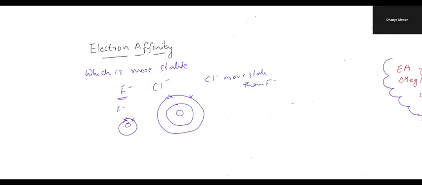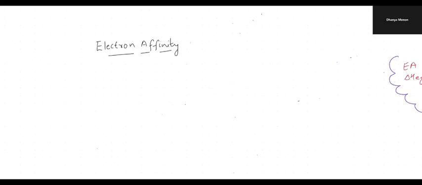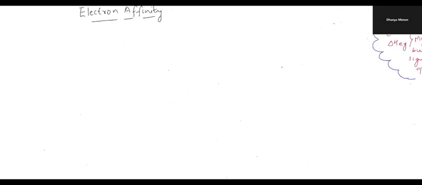Now, students, coming to the other groups like group 14, group 15, and group 16. Okay, I have here carbon, silicon, germanium, tin, and lead.